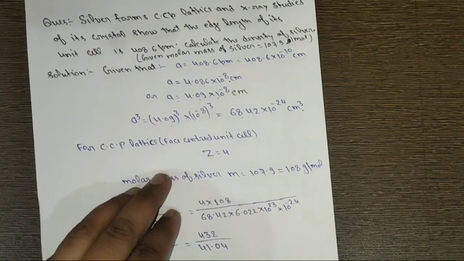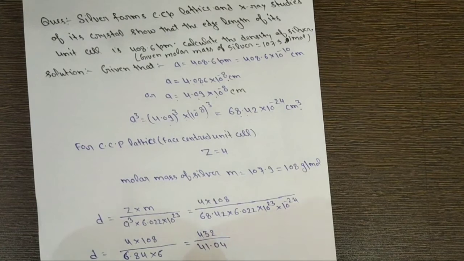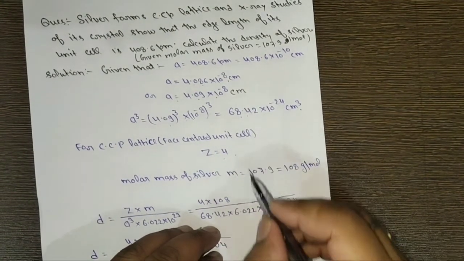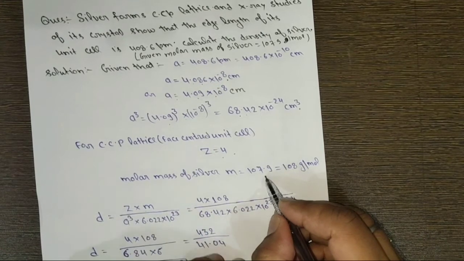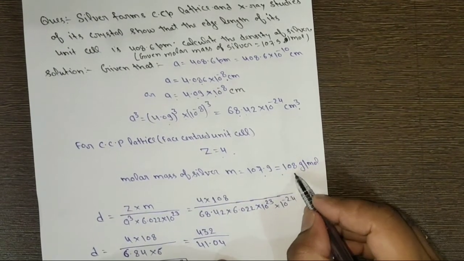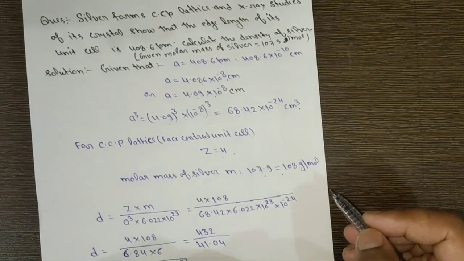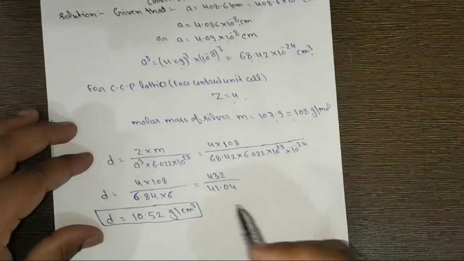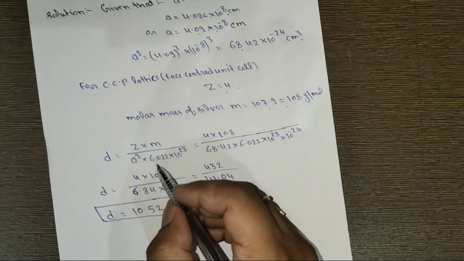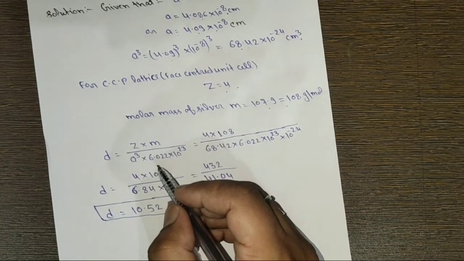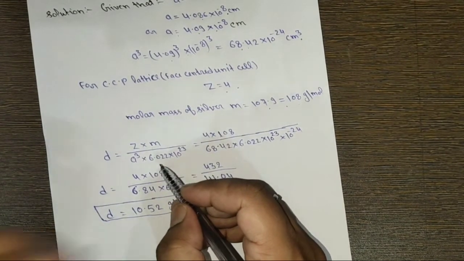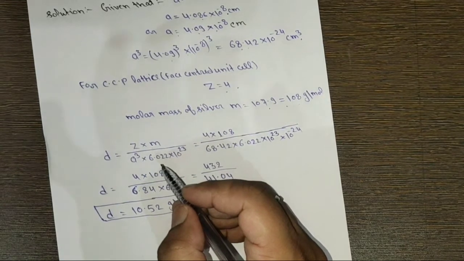For the CCP lattice or face centered lattice, we know that Z equals 4. Molar mass of the silver atom M equals 107.9, about 108 gram per mole. Then we write the density formula. In every numerical question we must write the formula, because the formula carries 1 or 1/2 marks.